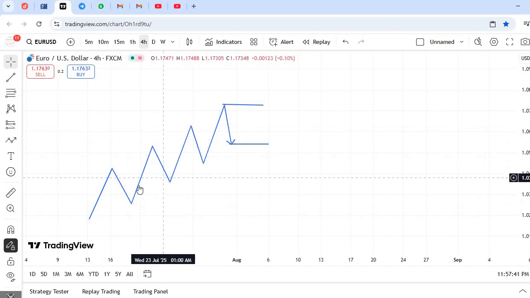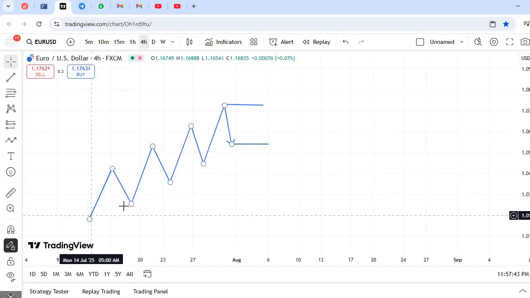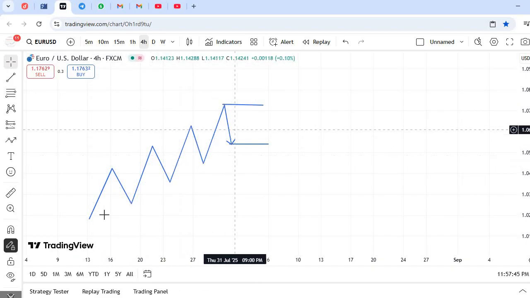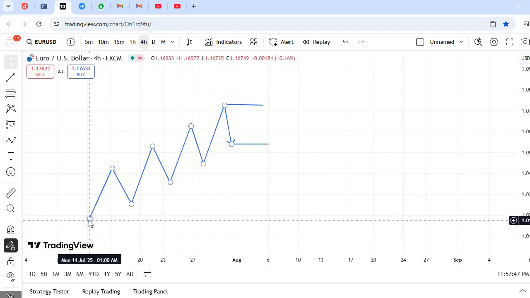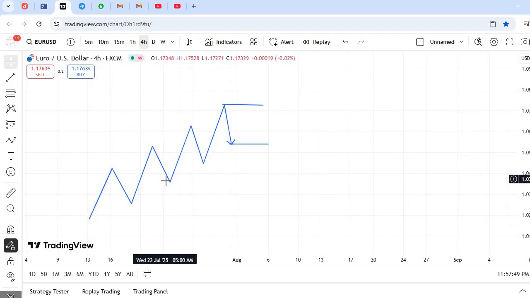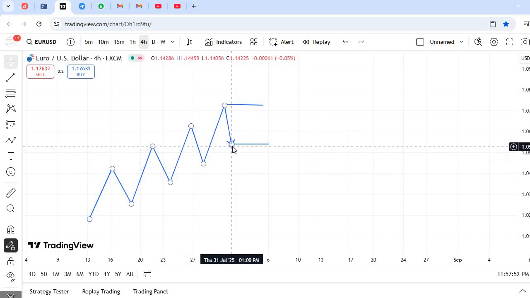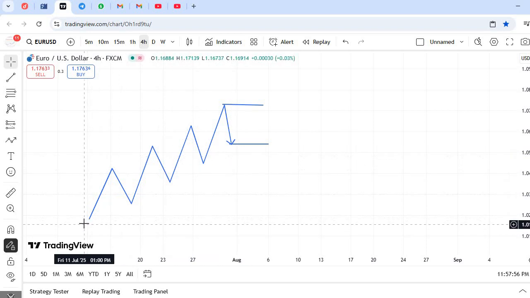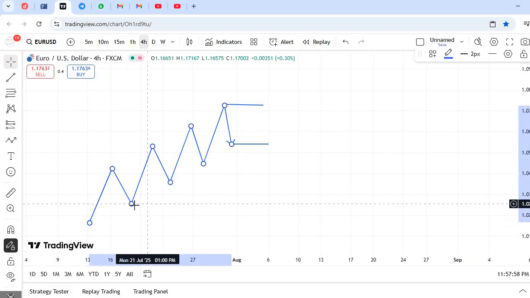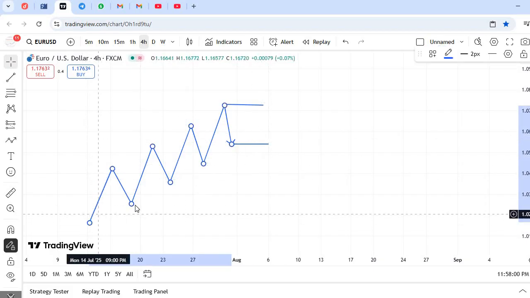Now in an uptrend, the low sustains the trend. This is the first low, second low, third low, fourth low, and the fifth low. In an uptrend, the low is not expected to be taken out. Can you see?